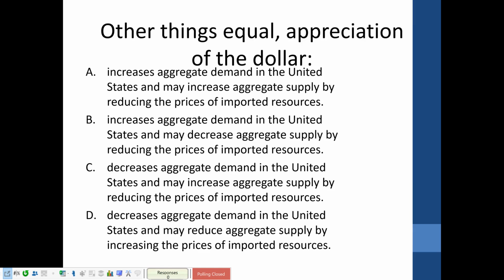So that will discourage the demand. So appreciation of dollar moves aggregate demand and aggregate supply in opposite directions. Okay. So this answer is C.